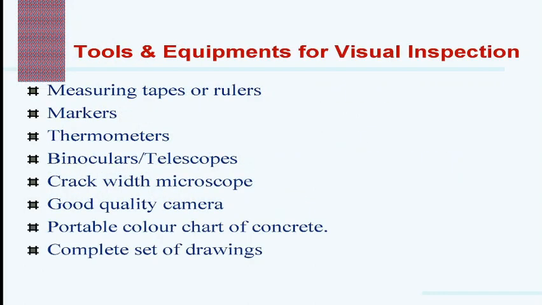Now, what tools or equipment are required for visual inspections? In visual inspections we require only a few minor instruments, such as a measuring tape or ruler and markers, thermometers to check the temperature, and binoculars or a telescope.